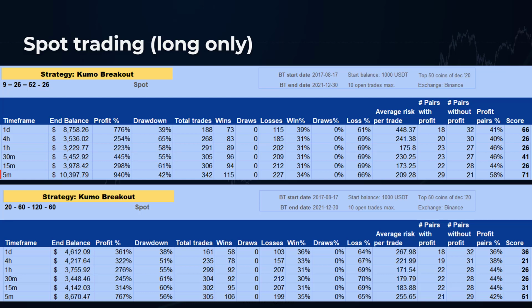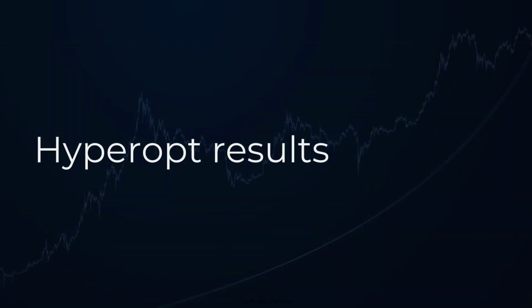But for time's sake I'm not going to do that, because I can see that this strategy score is not really better than the ones in the top 5 of my strategy league. So what I'm going to do is a hyperopt session over the 5-minute time frame to see if I can optimize the ROI and stop loss settings, so that I can make this Kumo Breakout more effective for bot trading.